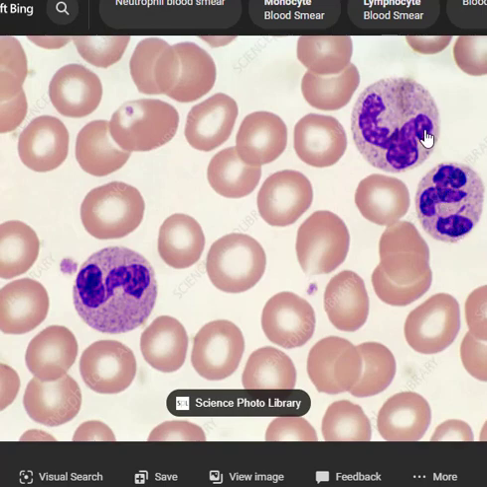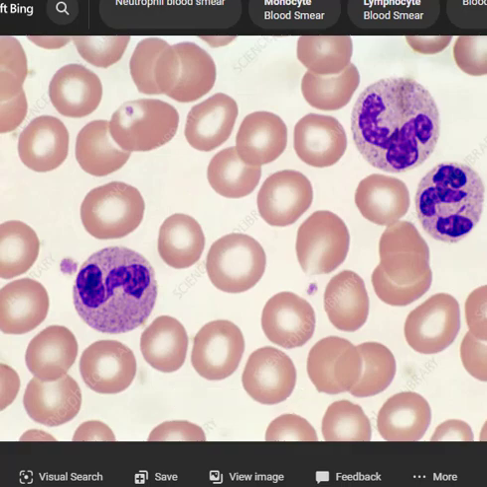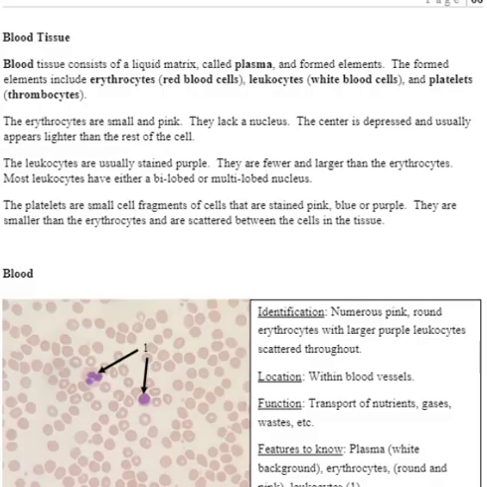So here, look at the nucleus. Aren't they funny looking? And that gives you a clue as to what kind of a white blood cell they are. And then you have platelets. Here's a platelet right there, and there's a platelet right there. And you guys know about platelets, they cause your blood to clot, but you're going to learn a lot more about it when you do the unit on blood.